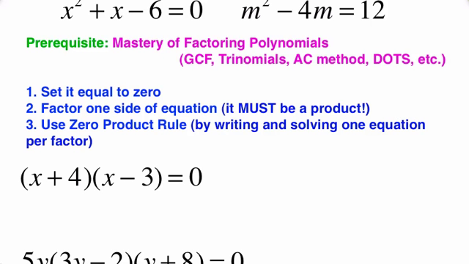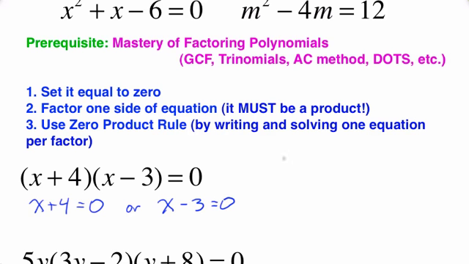We're not really going to need to do a whole lot. It's already factored, it's already set equal to 0, so we're going to jump right in and use the zero product rule. The zero product rule says we write new equations. So x plus 4 equals 0, or x minus 3 equals 0.